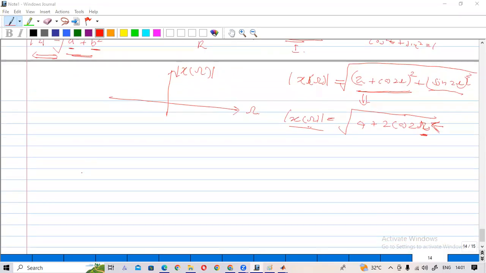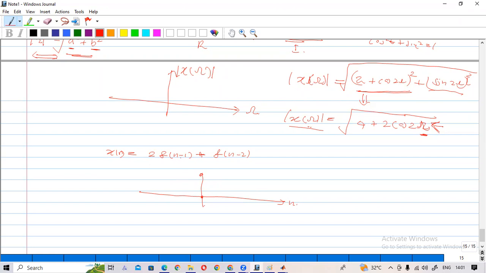For example, I will do it again. Let's say you have 2 delta n minus 1 plus delta n minus 2. If you are given this kind of signal, this is n.